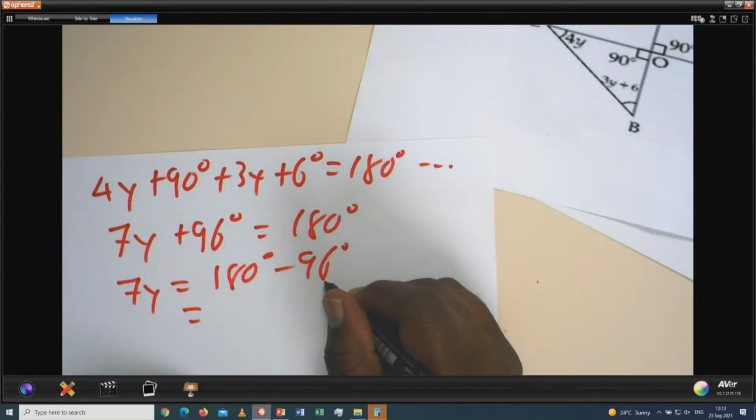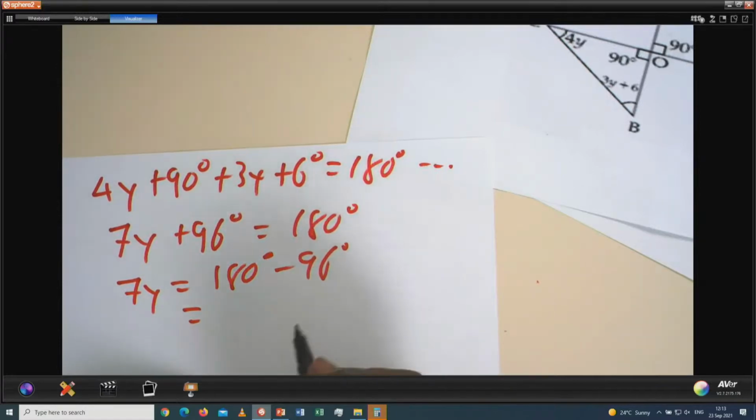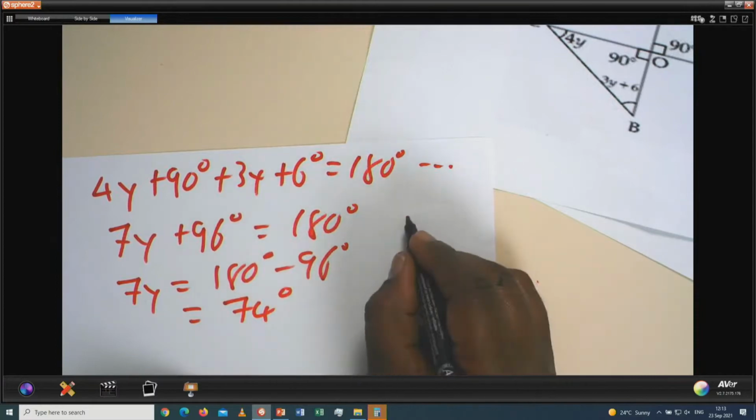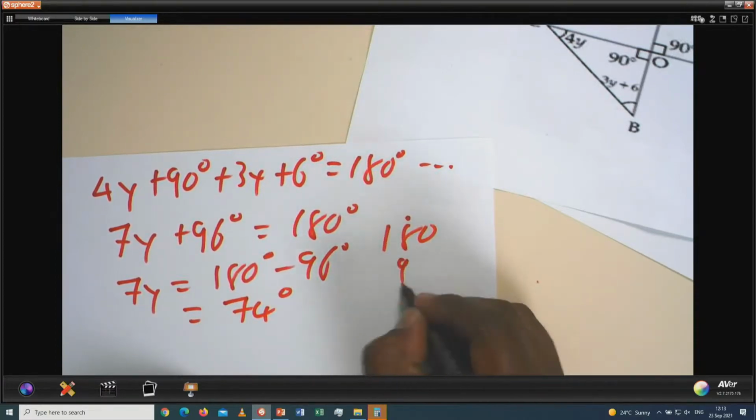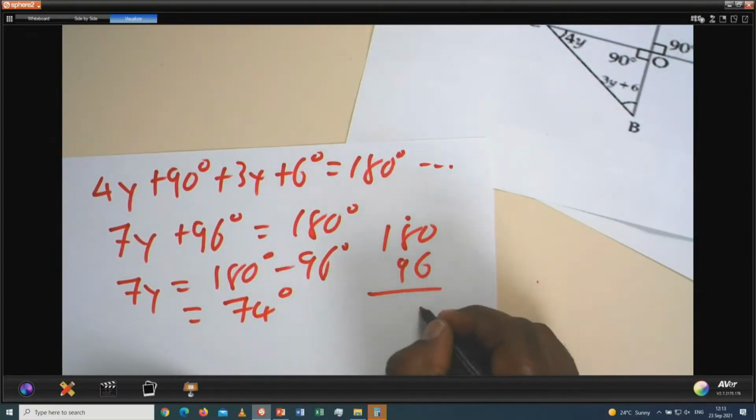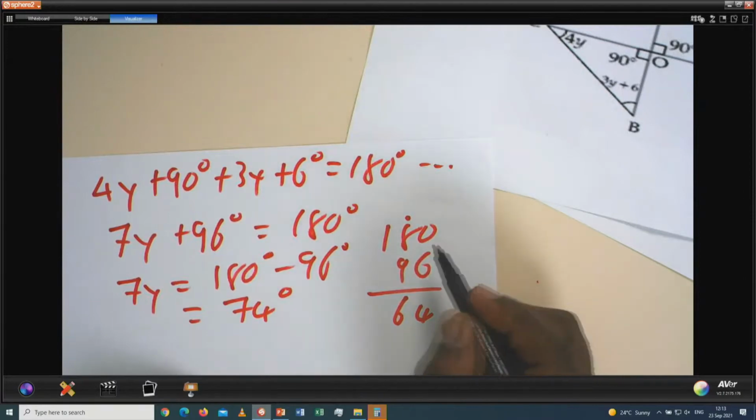180 minus 96, we borrow, and then 84 degrees. Am I right? 180 minus 96, it's a 4. 17 minus 9, it's an 8.